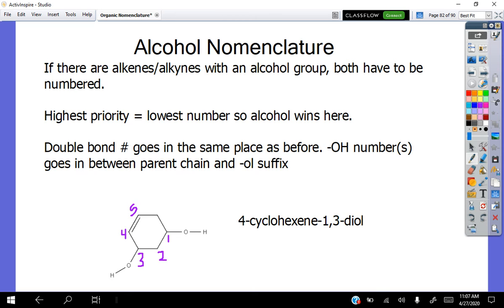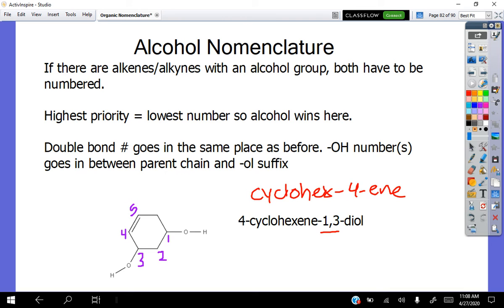So as I mentioned before, when we were first looking at alkenes, one of the ways they might have named this was 4-cyclohexene, and they show that number preceding the functional group it's describing. So this is showing that the alkene is on the 4th position. You see they do the same thing here with the alcohol. The alcohol groups, OH, are on 1 and 3.